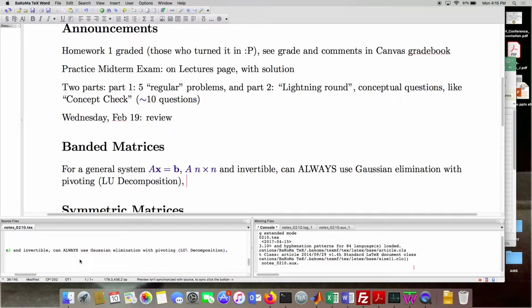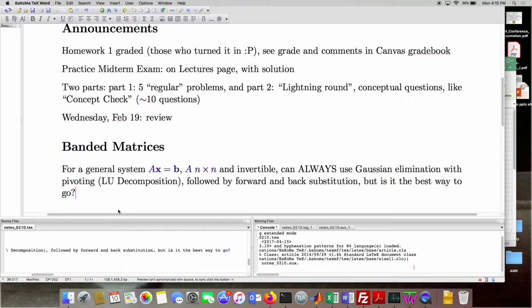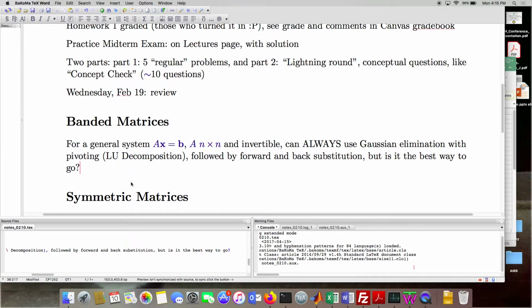And you can then always do forward and back substitution after that. So that will always work. That's like a general purpose algorithm, for any invertible A.